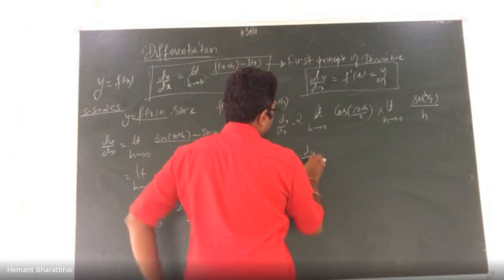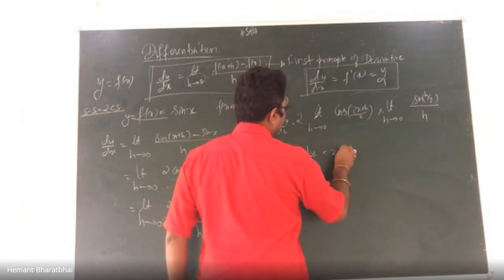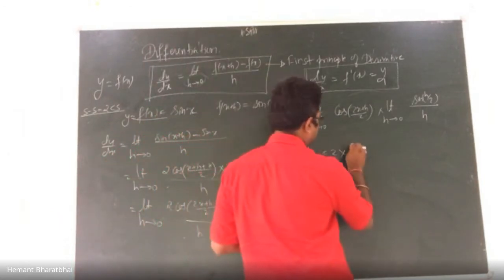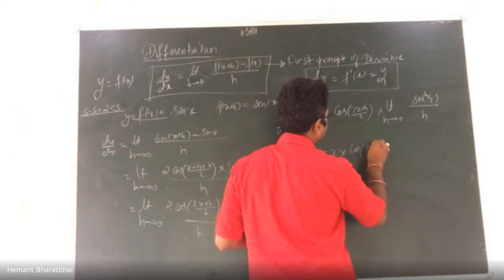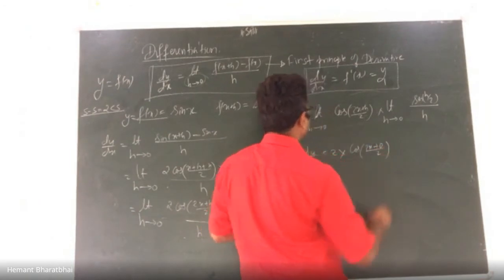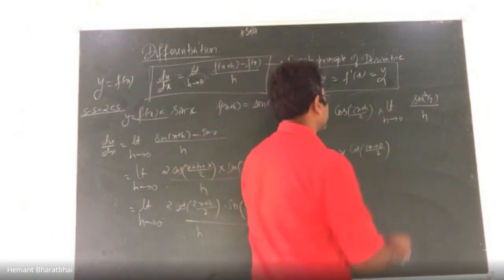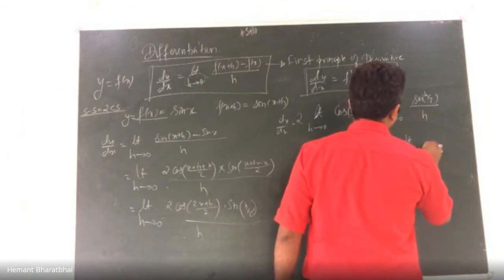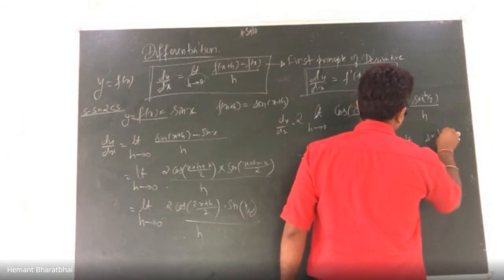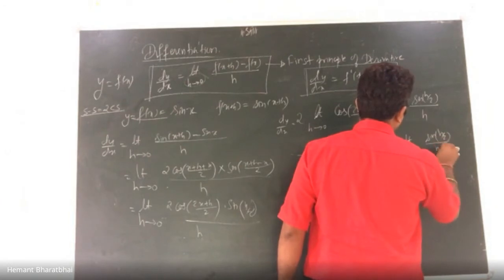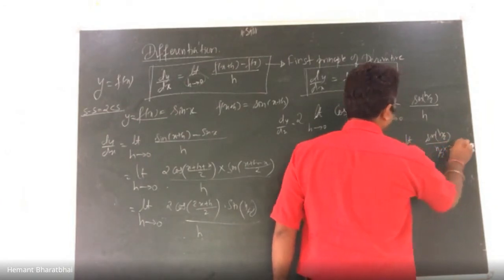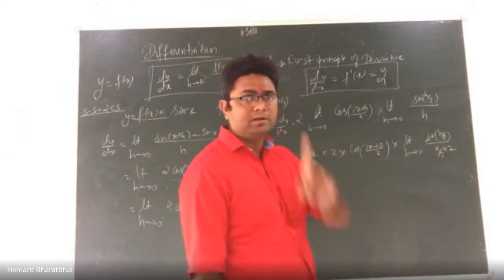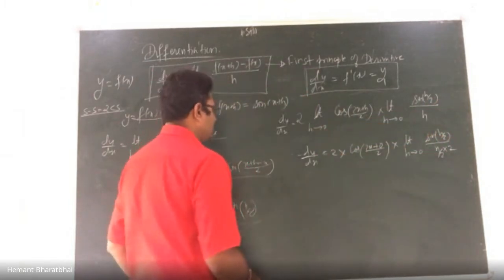Therefore I will get dy by dx is equal to 2 into, let's substitute the limit over here, cos of 2x plus 0 upon 2, because h tends to 0, and this can be written as limit of h tends to 0 of sine of h by 2. I will have to do an adjustment over here, multiply and divide by 2. So here also sine of h by 2, here also sine of h by 2. So the limit will become 1.